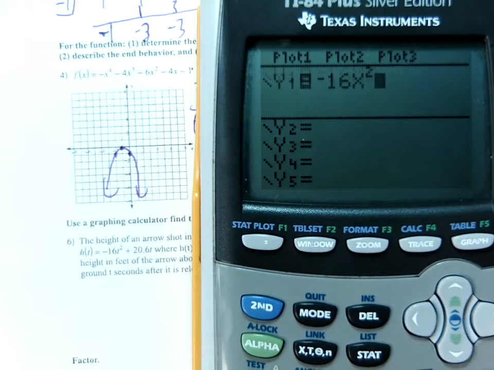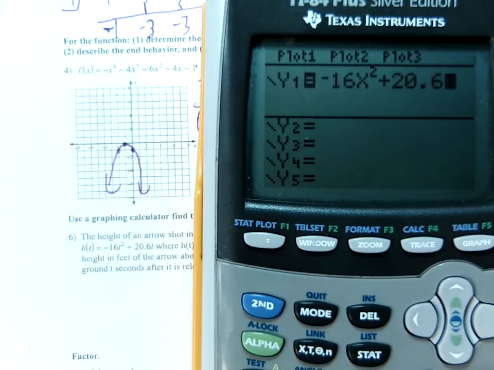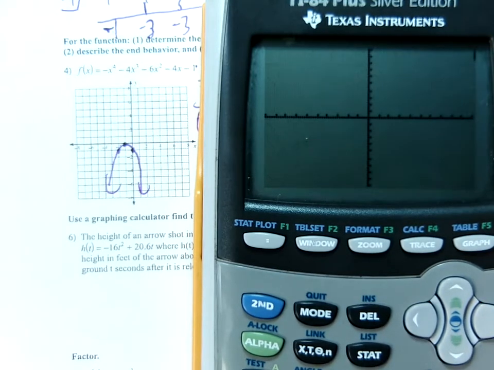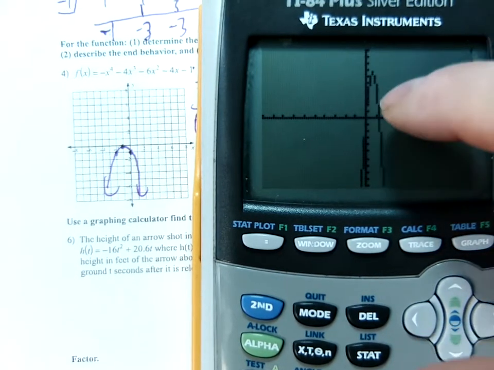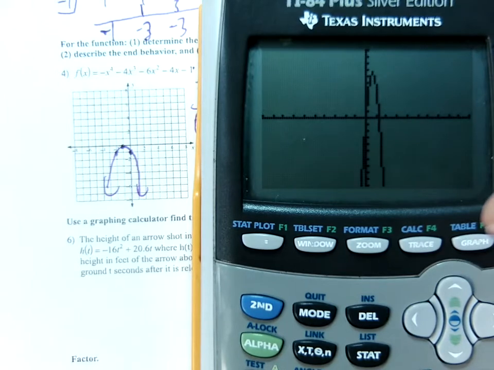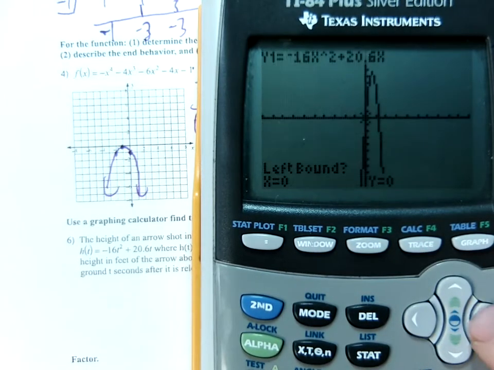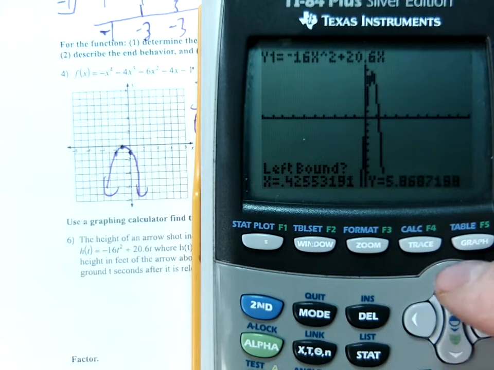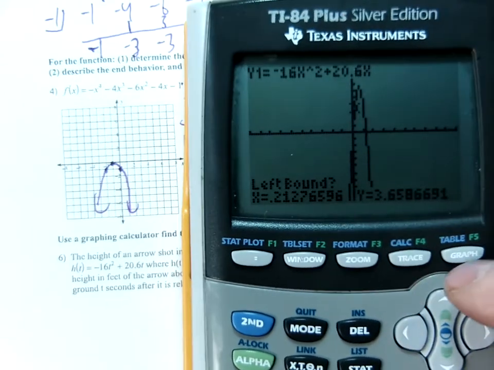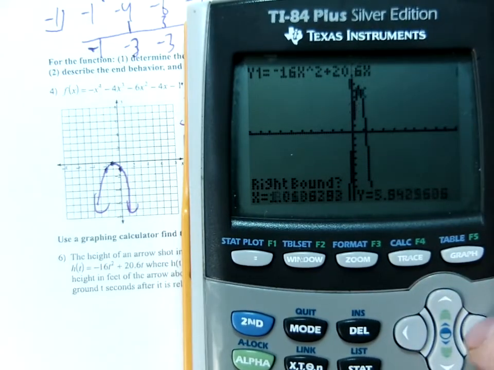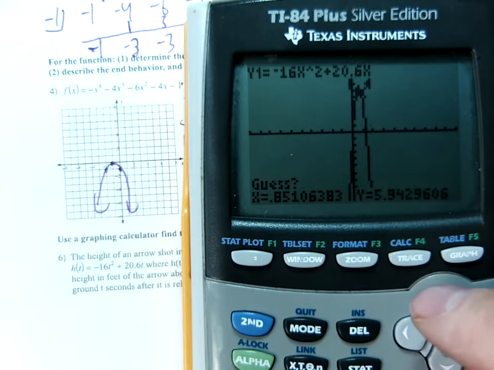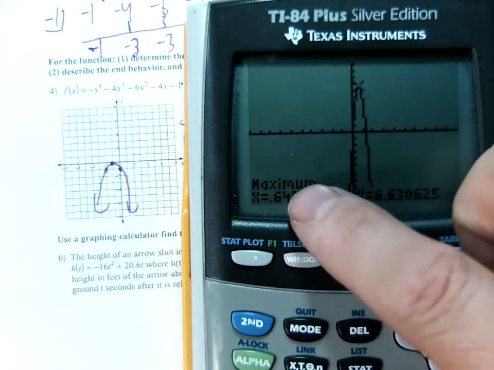Negative 16x squared plus 20.6x. We're looking at the maximum here, the top of the graph. Second calc, maximum. Left bound, so left of the top, right of the top, and take a guess somewhere in the middle. There we go.